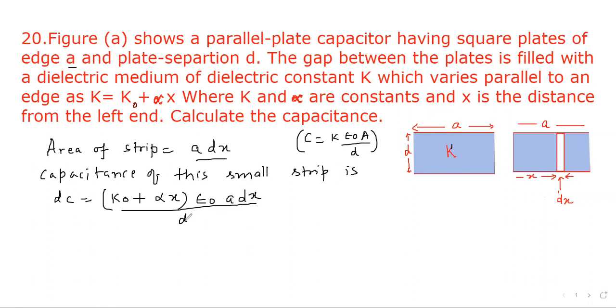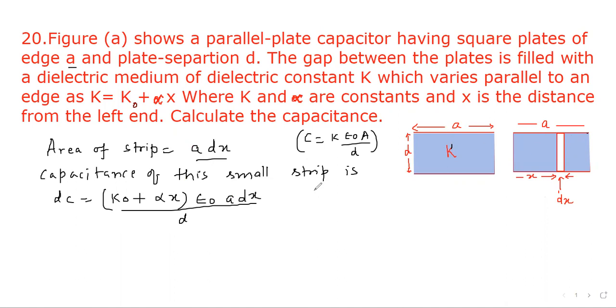Now, this capacitor can be divided into many strips. So that will vary from x equal to 0 to x equal to the total length, and all these strips are assumed to be connected in parallel.